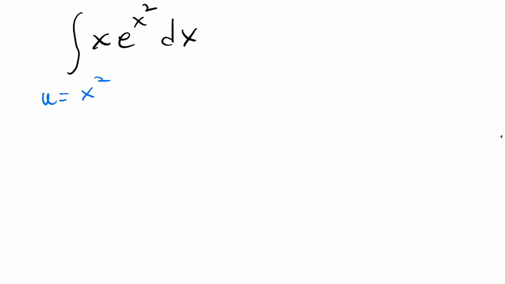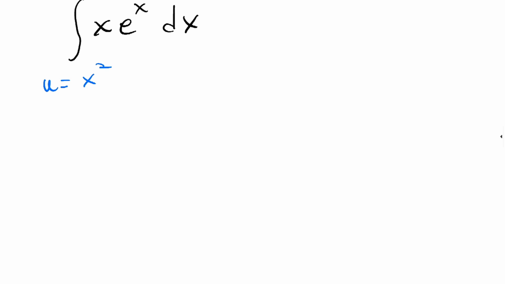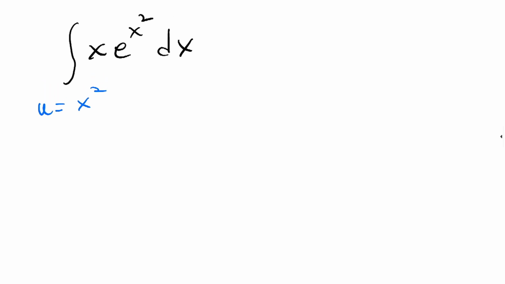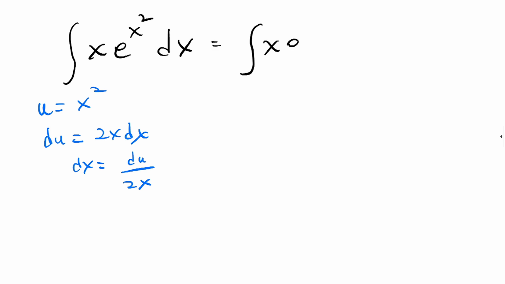Okay, so for here, we have u equals x squared, so our differential with respect to x will just be 2x. And solving for dx, we're going to get du over 2x, okay? And of course, just plug all those in. We now have the integral of x times e to the u du over 2x.